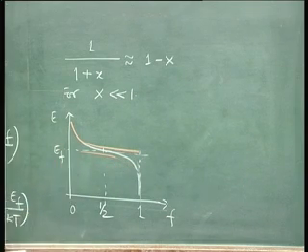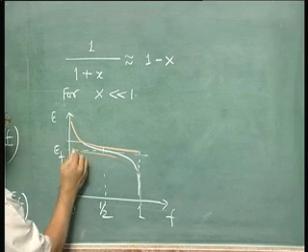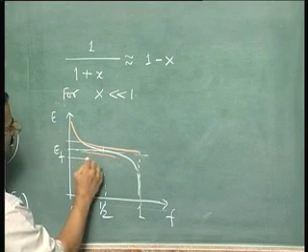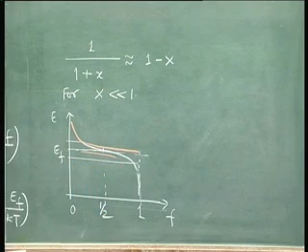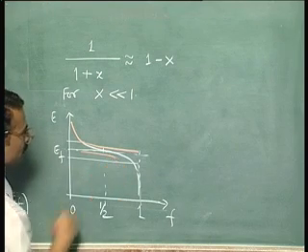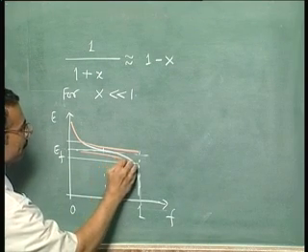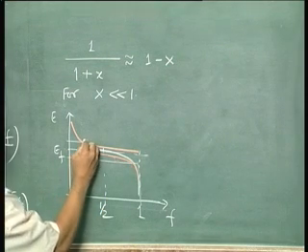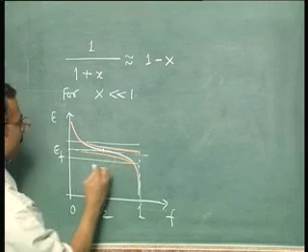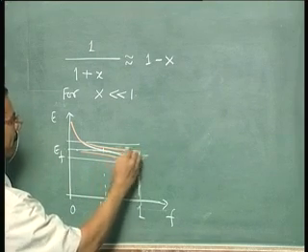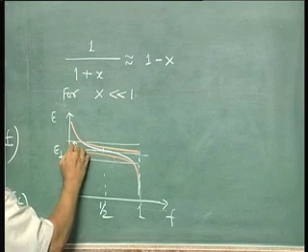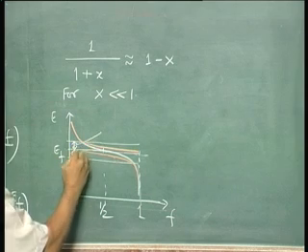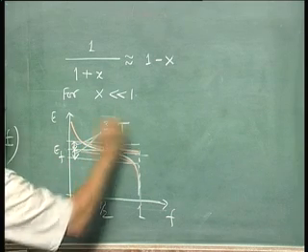So let us mark the interval. This is EF and this is 3 times KT below EF. These two intervals are 3 times KT.